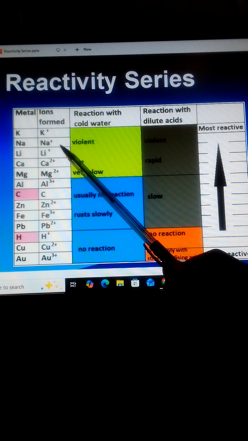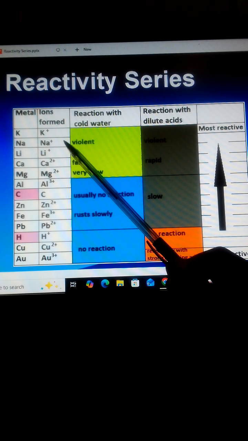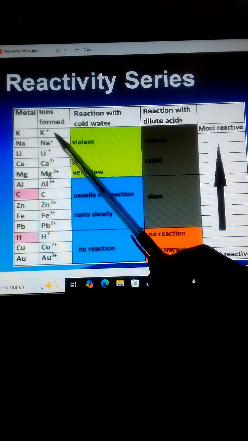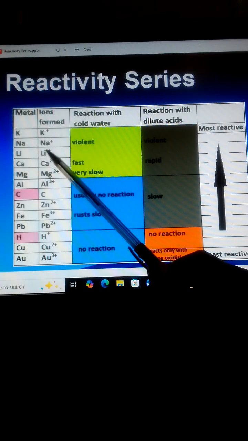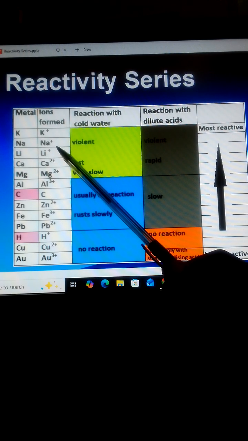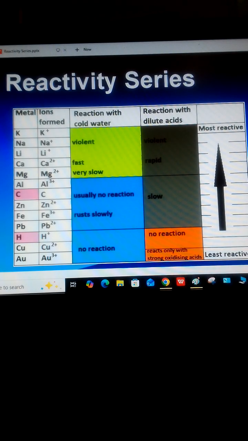A cation is a positively charged ion, and a negatively charged ion is called an anion. So these are cations. You can see potassium ion, sodium ion, lithium ion, like that. So a metal that is more reactive, it loses electrons more easily in reactions to form cations.